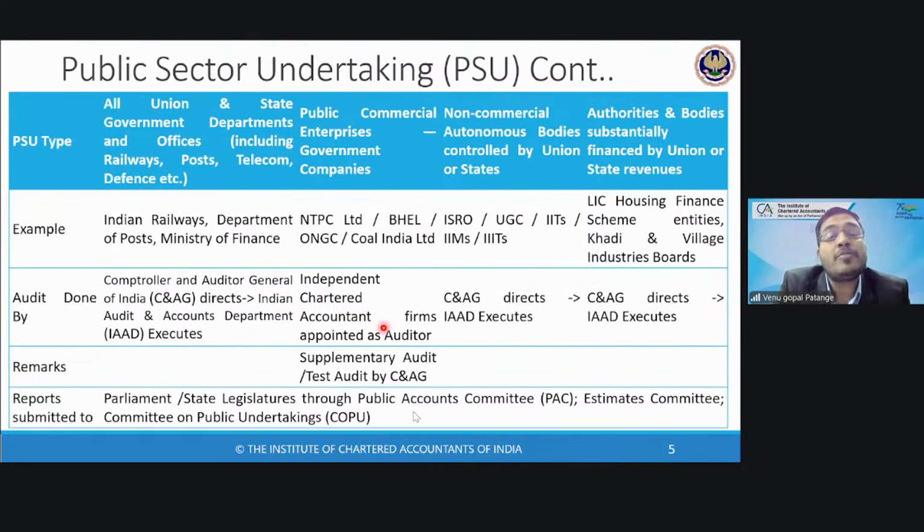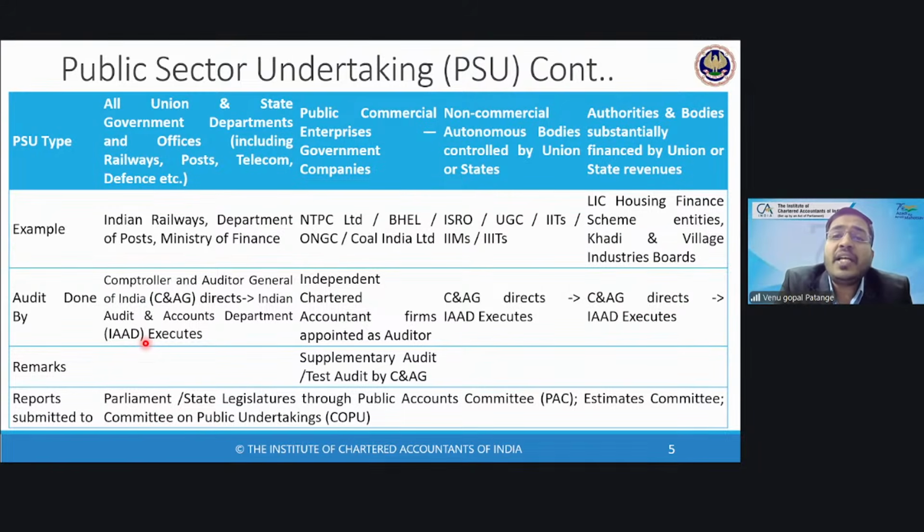So C&AG is only one person. How can he perform all this? So he has a team. That team we call the Indian Audit and Accounts Department. And there is a next layer to it, which is audit boards, which we'll be discussing soon. So here, hope it is clear.